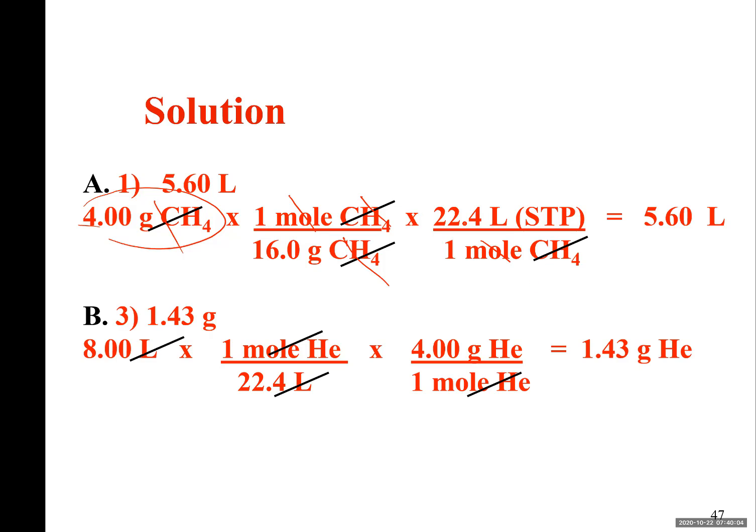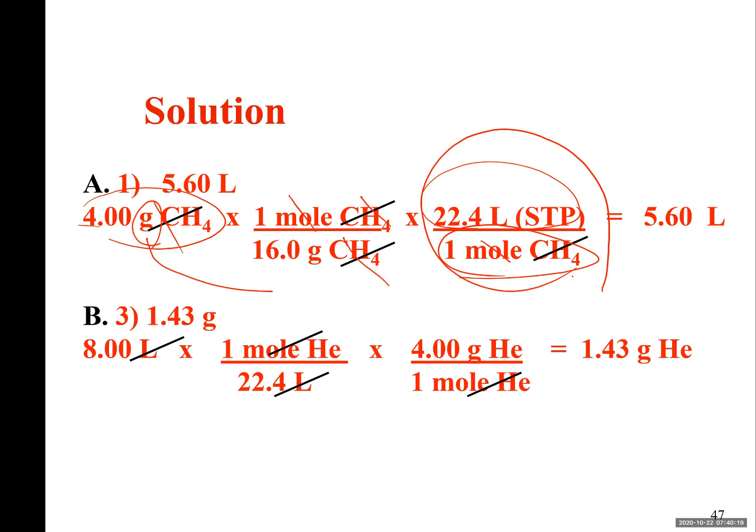You want to convert to liter. You write the fact that at STP, 1 mole of any gas is 22.4 liter. By using this conversion factor, you have converted grams of a gas to volume.